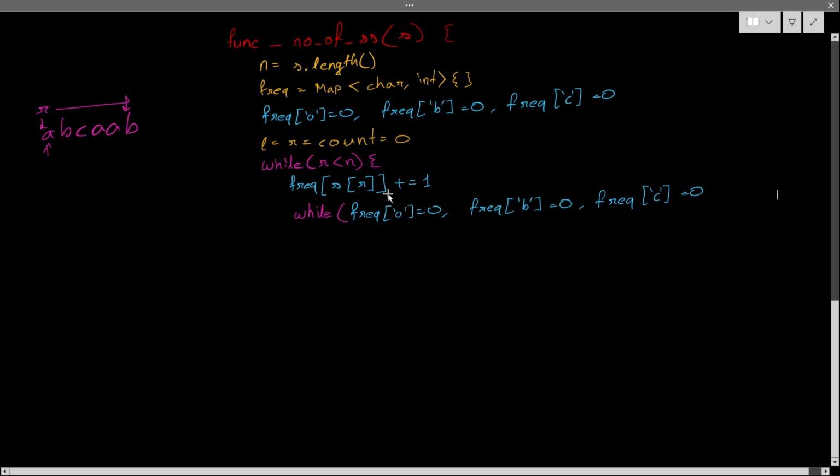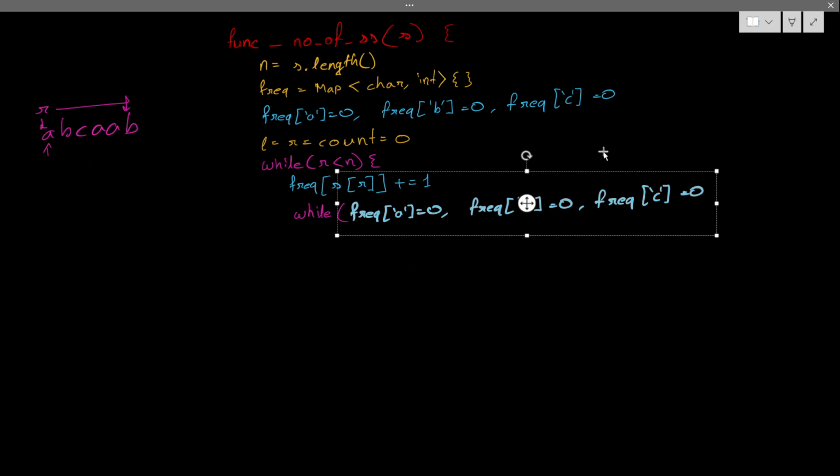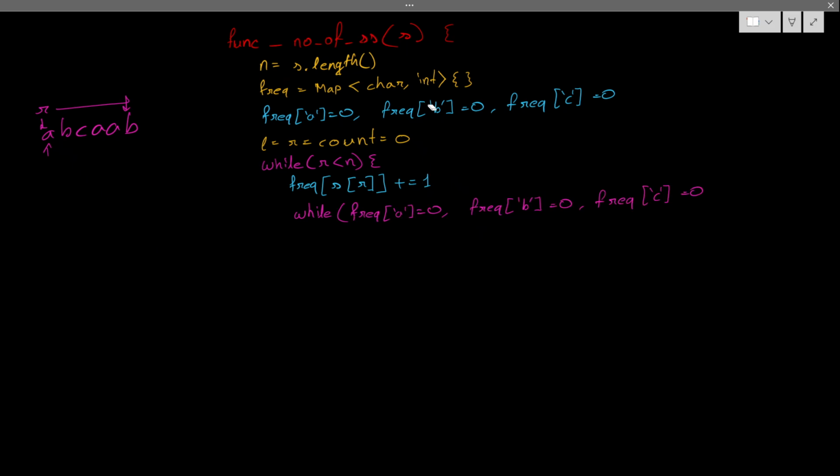That means all are present at least once. If all three are greater than 0, then it's a valid window.